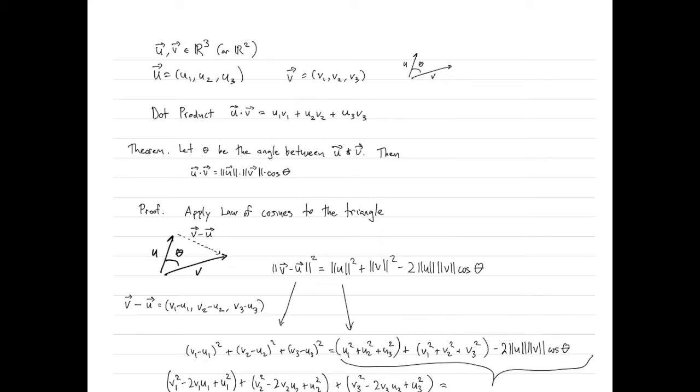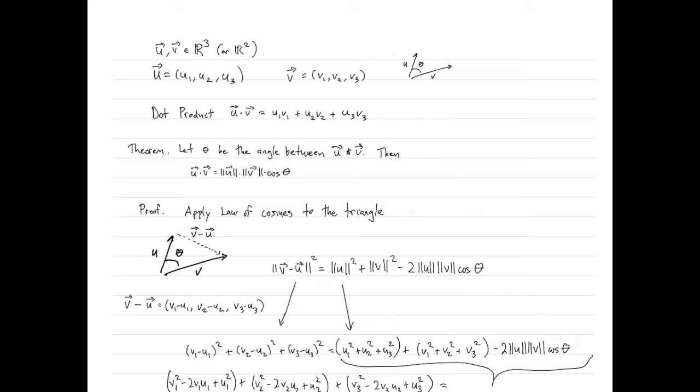Now let's remember what the law of cosines says. It says that in any triangle, the length of a side squared is equal to the other two sides squared, and their sums squared rather, minus 2 times the norm of u times the norm of v times the cosine of the angle between them.